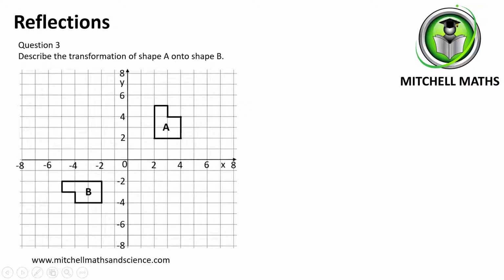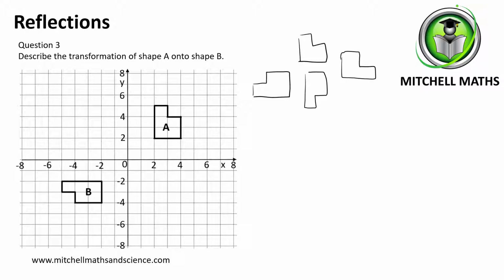And the reason we can see it's not been rotated is because, if we think about shape A, and we rotated it 90 degrees, it would look like that. Then if we rotated it 180, it would be like that. So we can see it's not in the right orientation to be rotated.